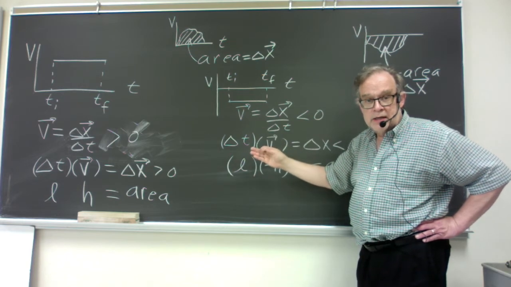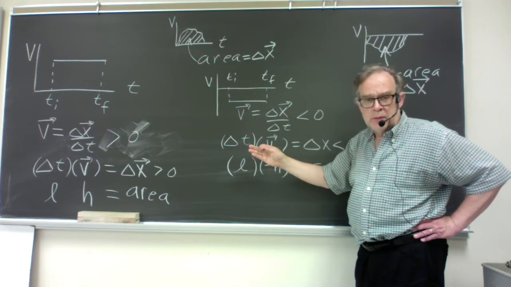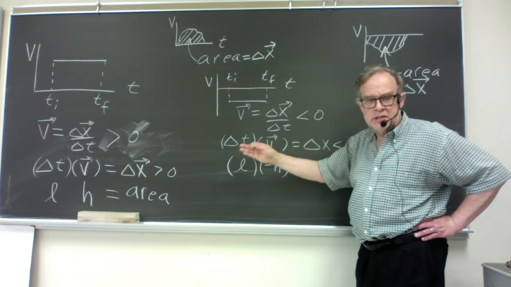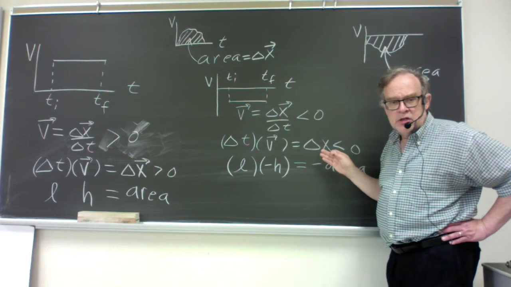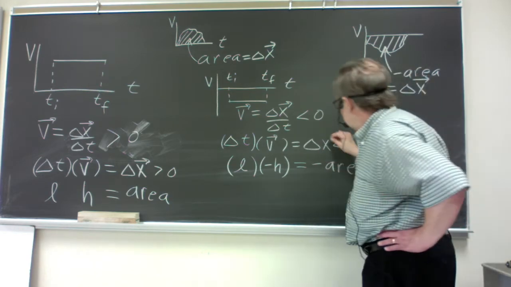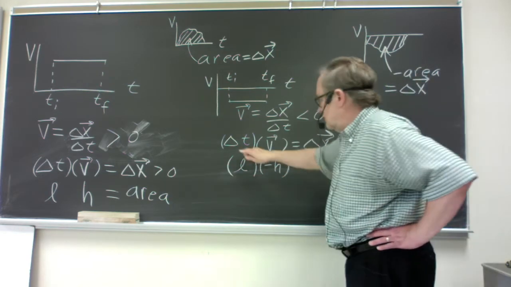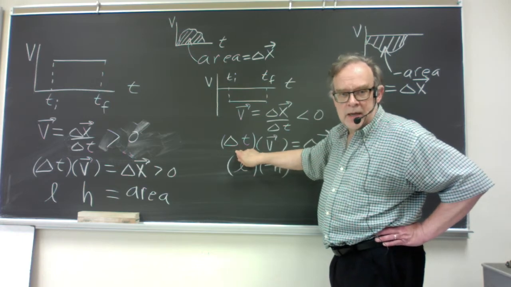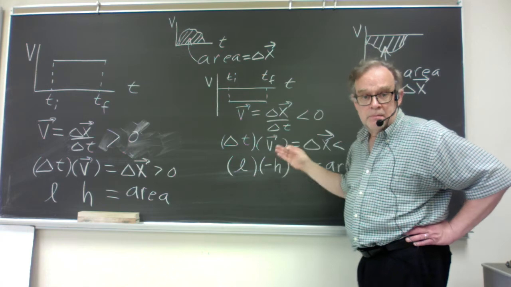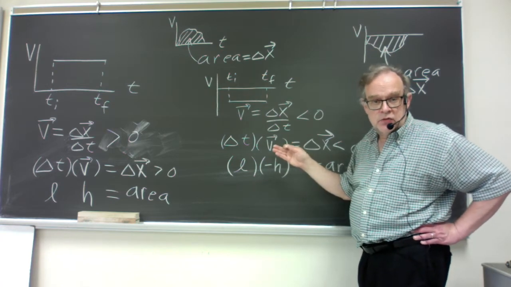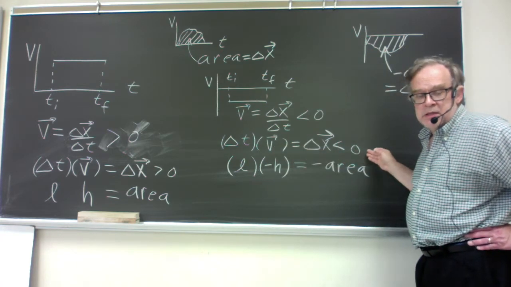So we rewrite that in the same way as before, multiply both sides by delta t, so we have delta t times that velocity, and again that's equal to the displacement. The length of time that we had this velocity is of course a positive number, but the velocity is negative, so the displacement is negative.